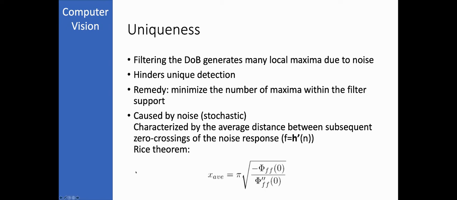And this is given by something called the Rice theorem. The average distance between two subsequent zero crossings in such a system is given by the power spectrum of the filter response, or the derivative of the filter response at the edge point, over the second derivative of that power spectrum.